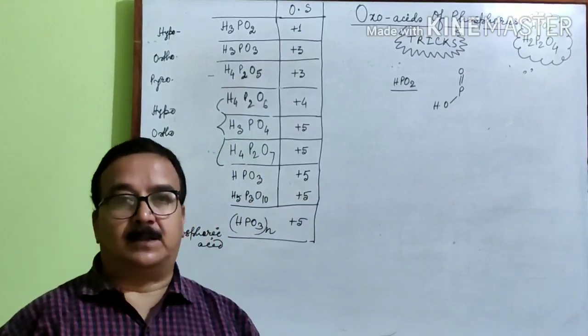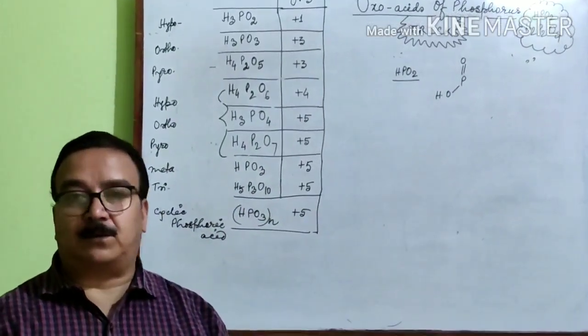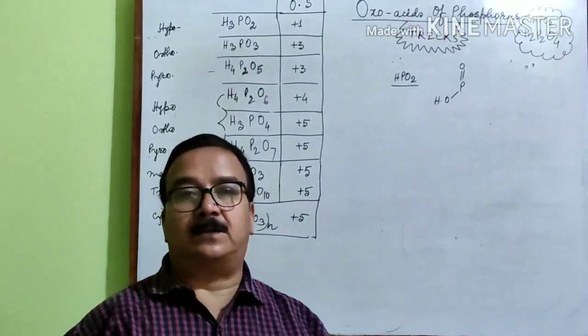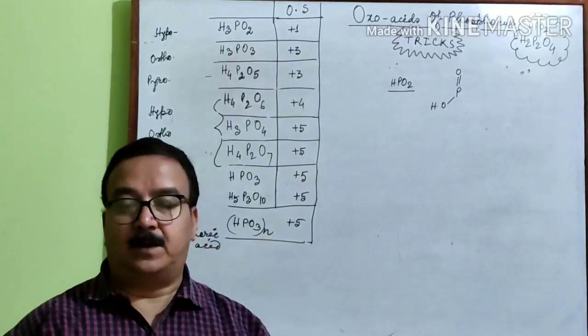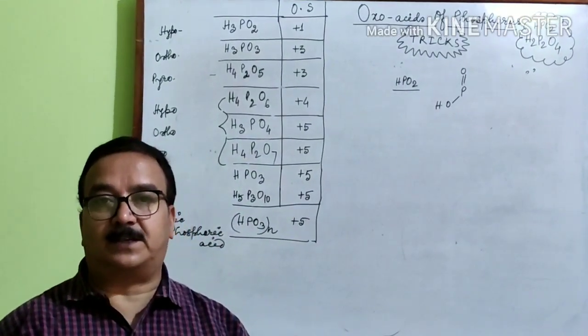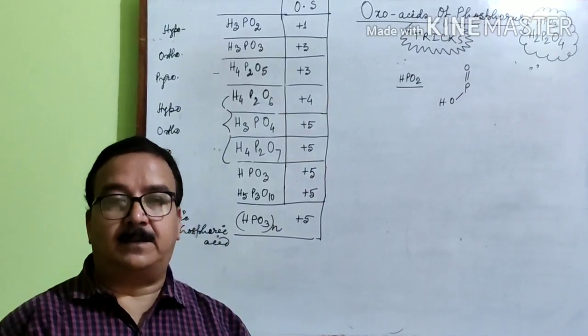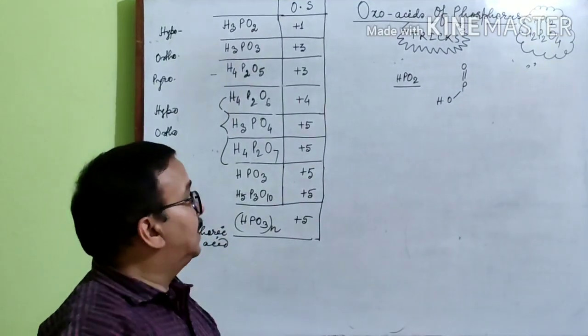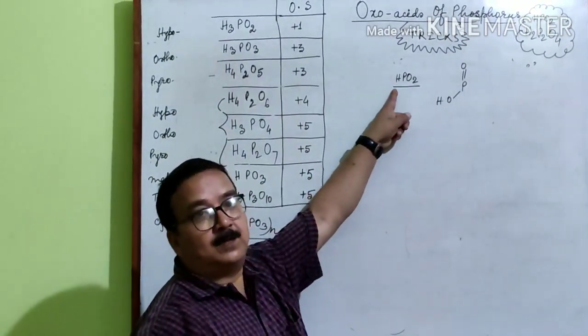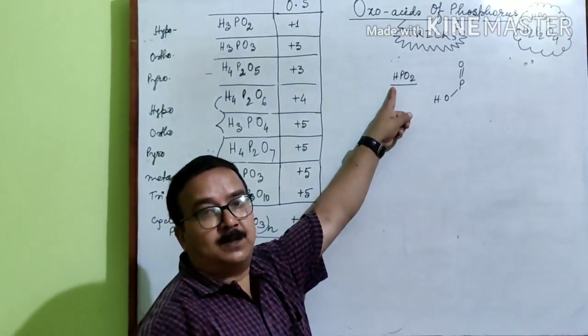Remember here, to draw the structures, first of all we have to find out the number of phosphorus atoms. If the number of phosphorus atoms is 1, then subtract HPO2 from the molecular formula of the acid.